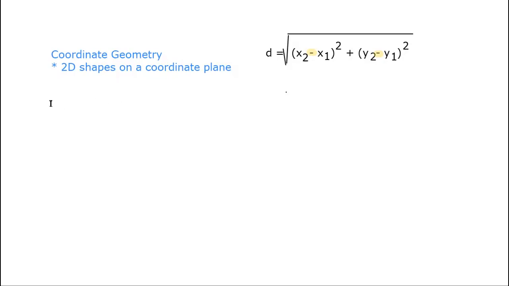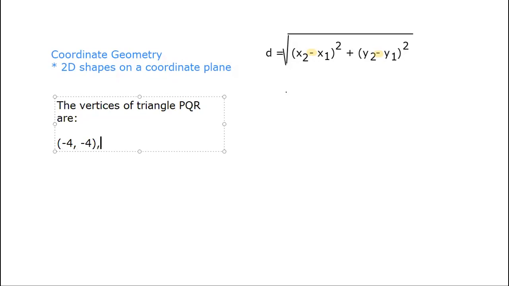What if we're told the vertices of triangle PQR are P is -4, -4, Q is -2, 4, R is 2, -4.